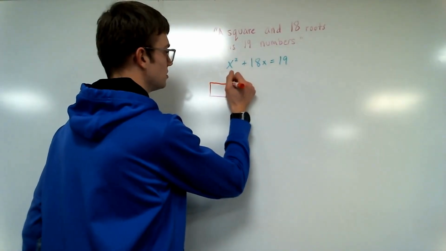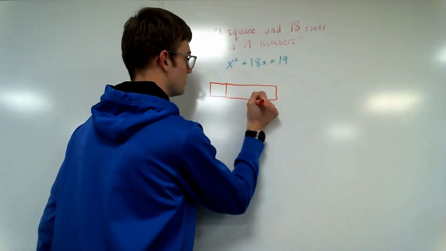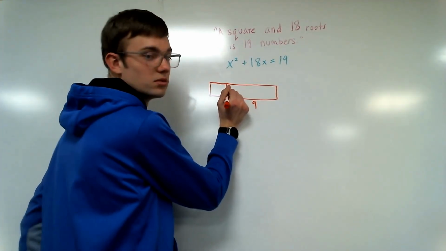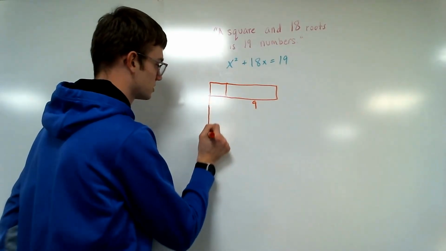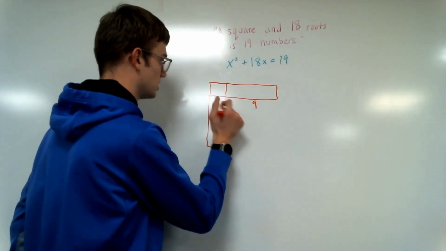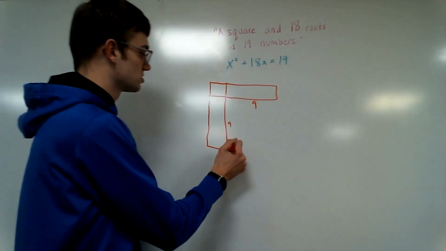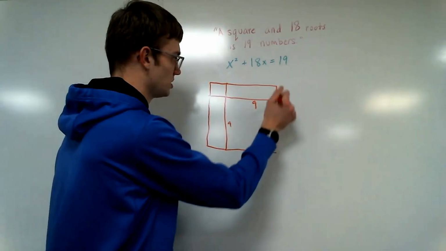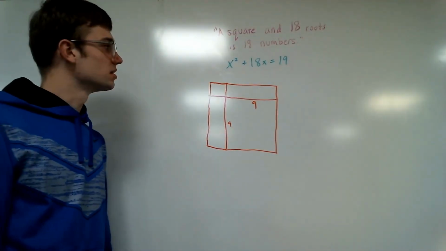He did a rectangle of side length 9 on this side, where the other side length is still our root, and a rectangle over here with side length 9 and other side the root. Well, then he just completed the big square and found the area of this.